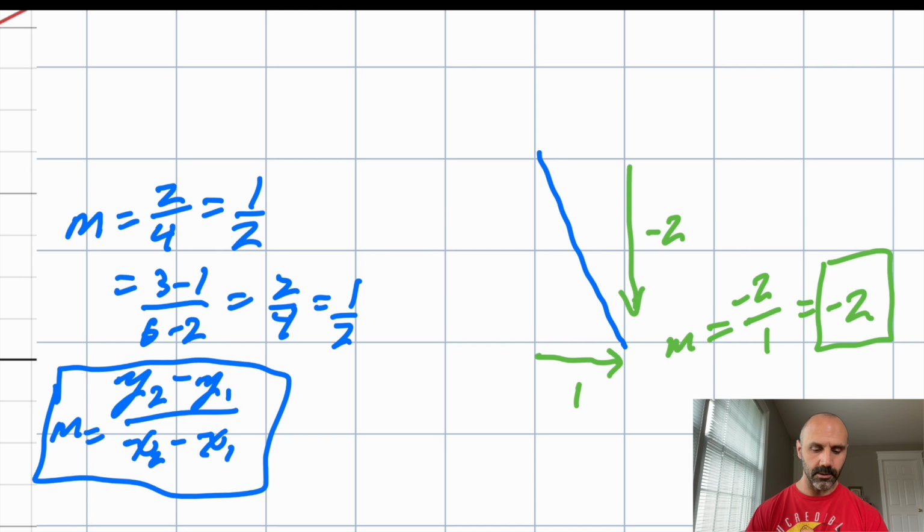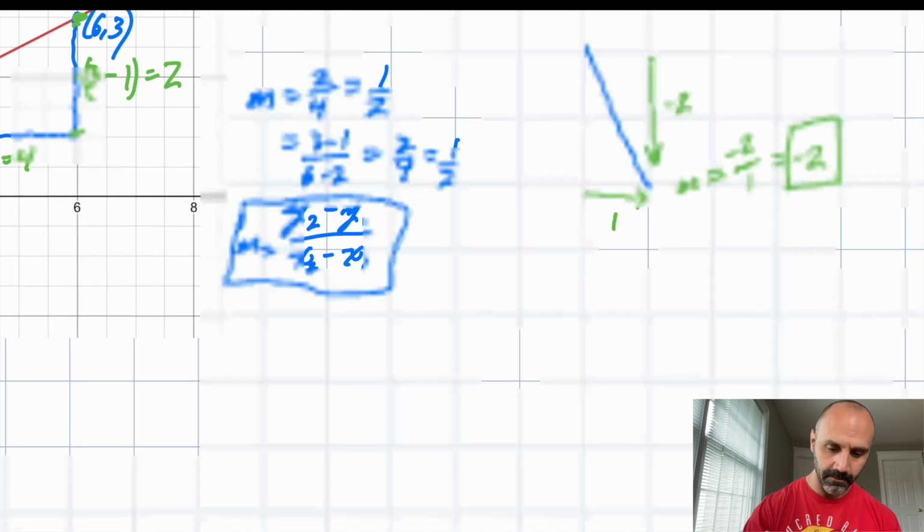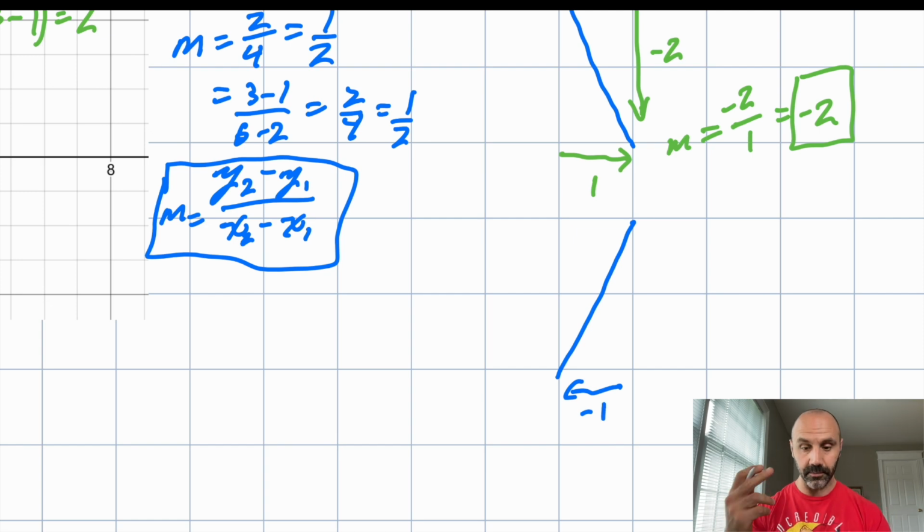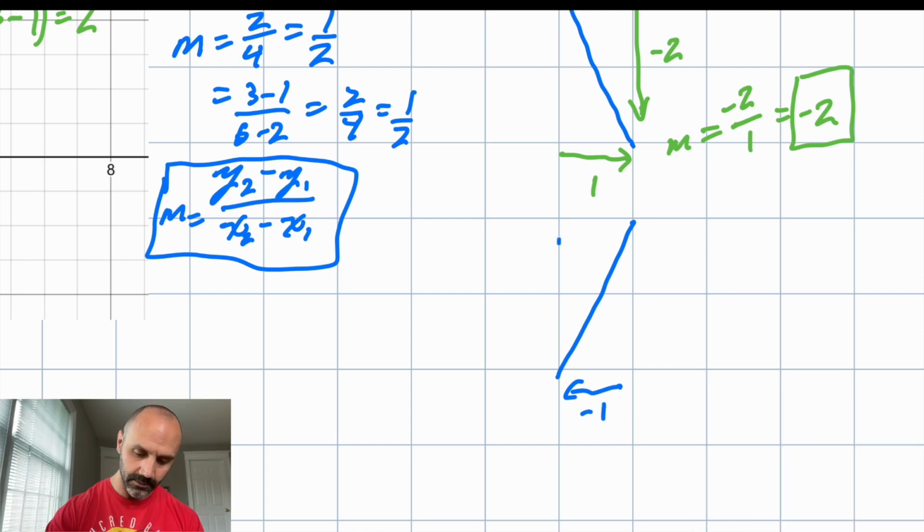Okay. And so even for a positive slope, if you pay attention to the negatives, it all works out. For something with a positive slope, if it was like this, what if you're going to the left? You're going left, negative 1. All right, don't forget left would be negative. Then you're going down, negative 2. So negative 2 over negative 1 still gives you a positive number.